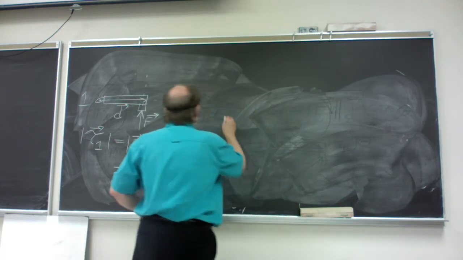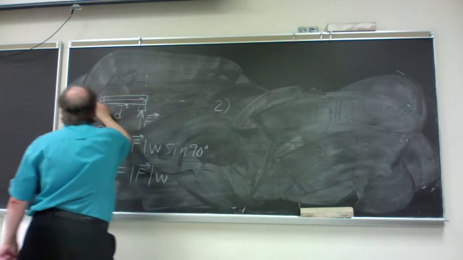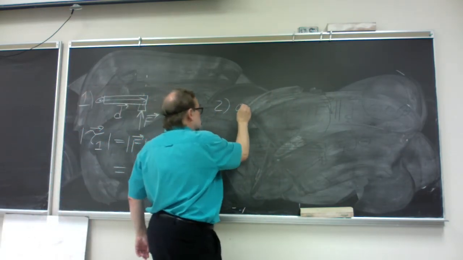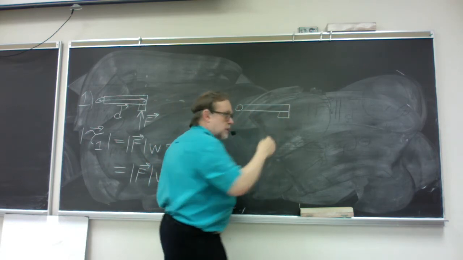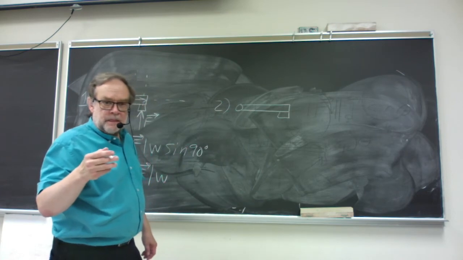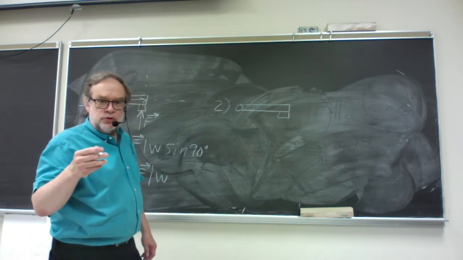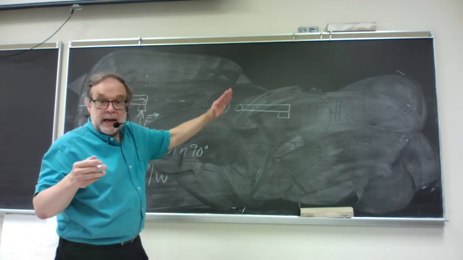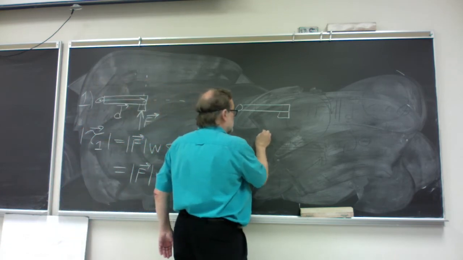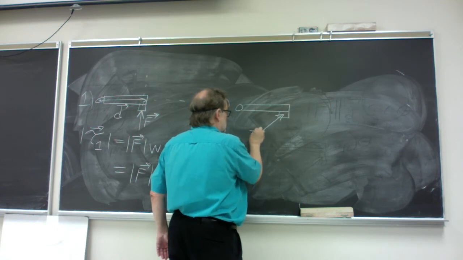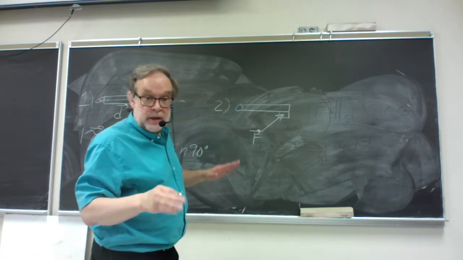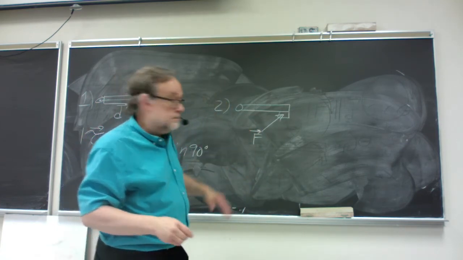Now, imagine case 2 here. Again, I apply the force to the doorknob, but now I push at an angle. Say push at an angle like that. Force is the same strength, but now I'm just pushing in a different direction.